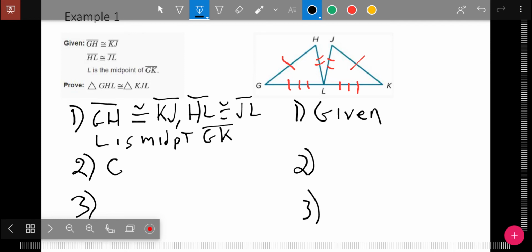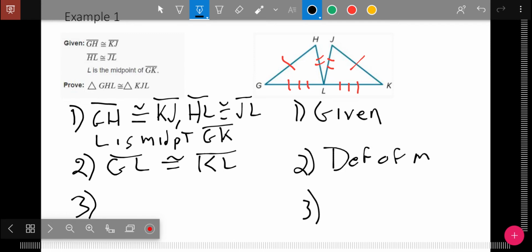So GL is congruent to, and it doesn't matter to me if you say LK or KL. We knew that because we knew what the word midpoint meant. Definition of midpoint. If you put definition of bisects, because you know midpoint means bisects, that would be okay for me as well.